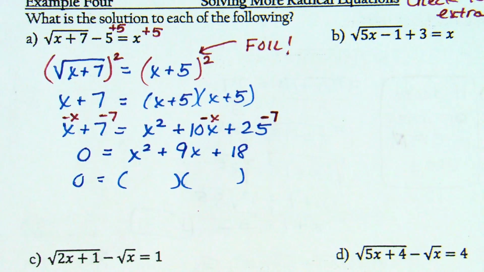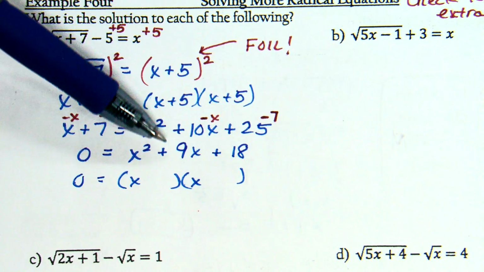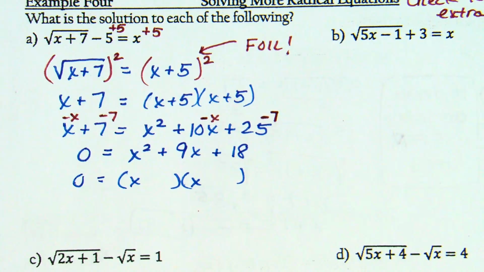x squared breaks up into x and x. What am I asking myself? What multiplies to be 18 and adds to be 9? 6 and 3? Yeah. Okay.